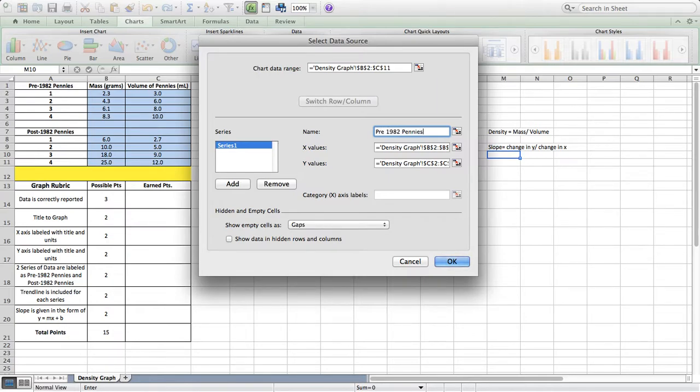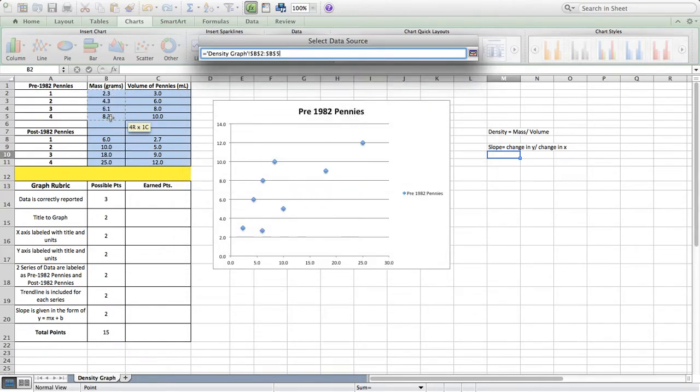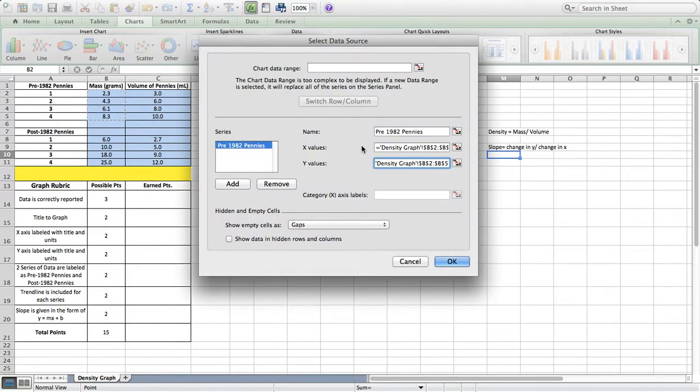So the very first series of data, we are going to call it our pre-1982 pennies. And remember, slope is the change in y over the change in x. Density is mass divided by volume. So what we want is for the slope to represent our density. Well, that means that we need the mass values to be on the y-axis. So I found my y values, and I'm going to come over here and highlight my mass values, and they're now there.